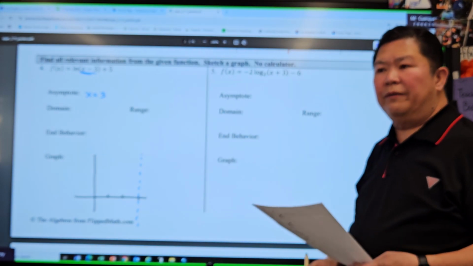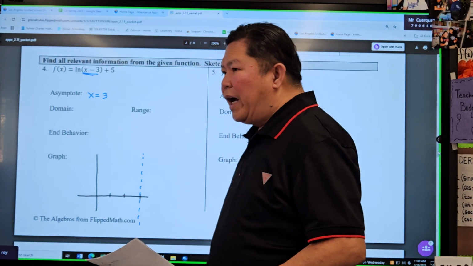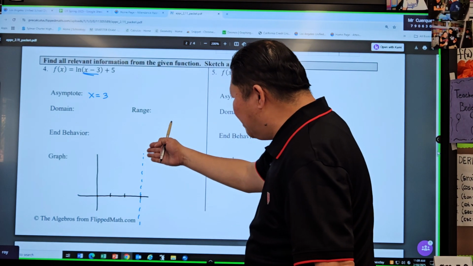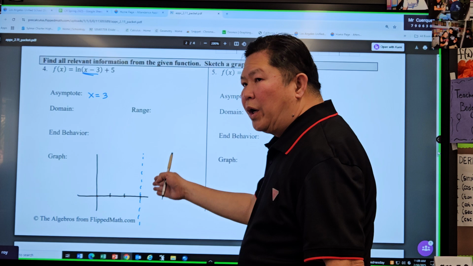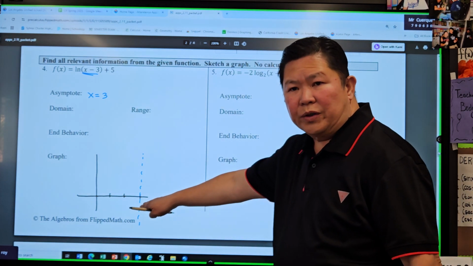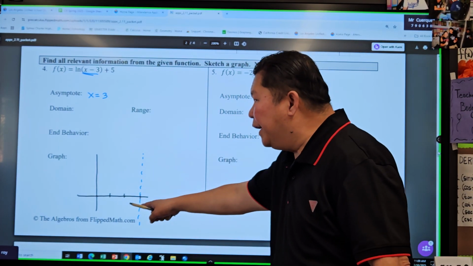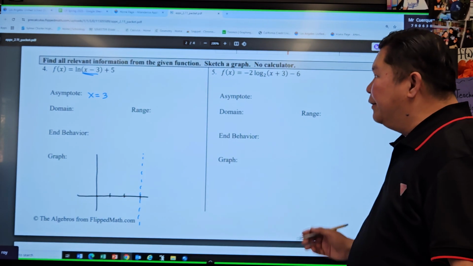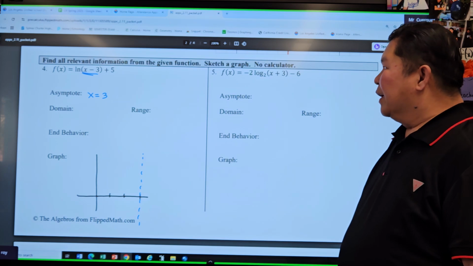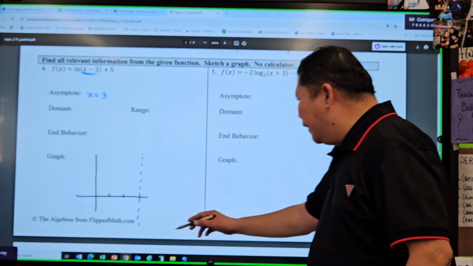It's pushed 5 units up. Let us have the domain, the value of x, from the vertical asymptote. Where do you think the domain goes? It goes starting at 3 all the way to positive infinity. Did you get me? That's the domain, the value of x. So basically the graph looks like this.